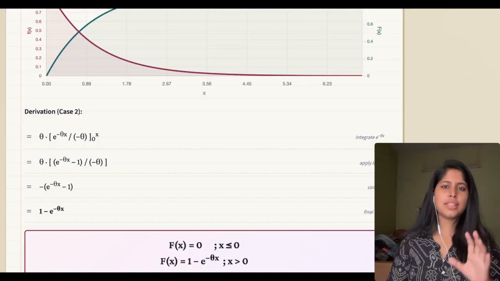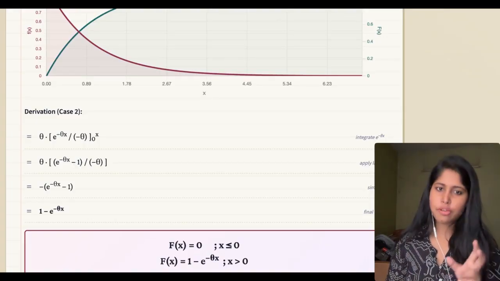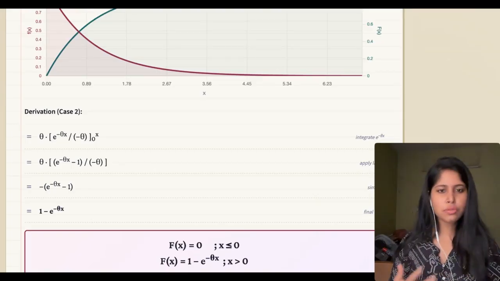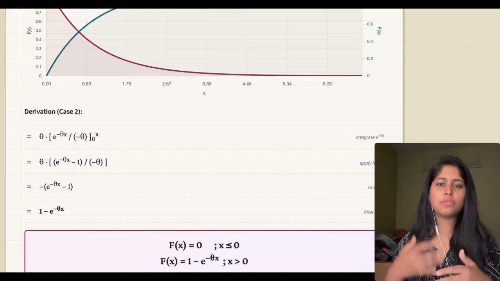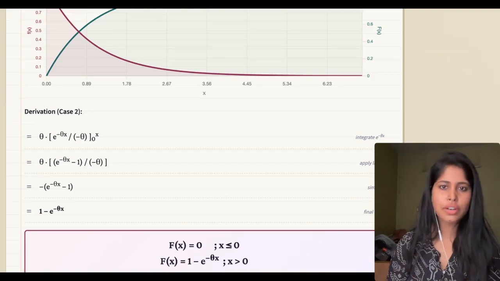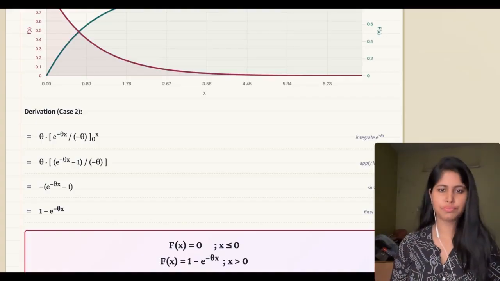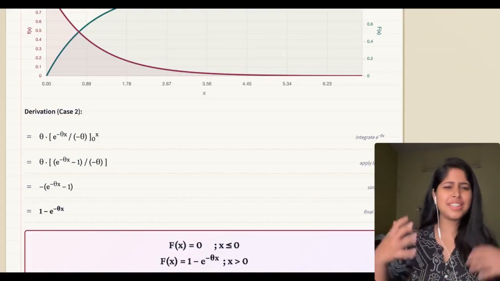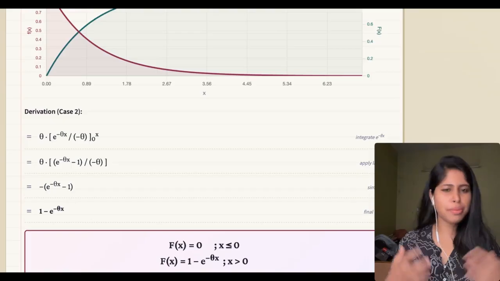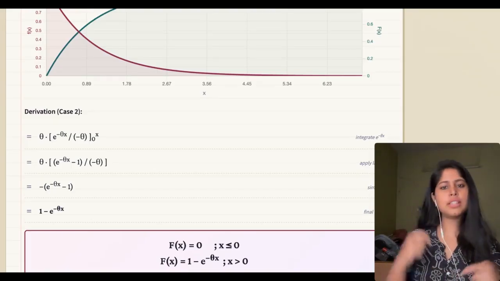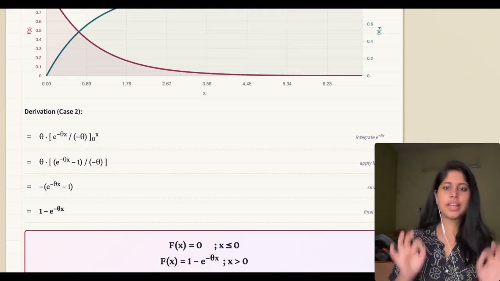Why am I saying that it is 0? Since f of x is equal to 0 for all x less than 0, the integral from minus infinity to x of f will simply be 0, right? Like this is easy, nothing happened yet, so the probability is 0. Then case number 2 is that x is greater than 0. Now here it gets interesting.